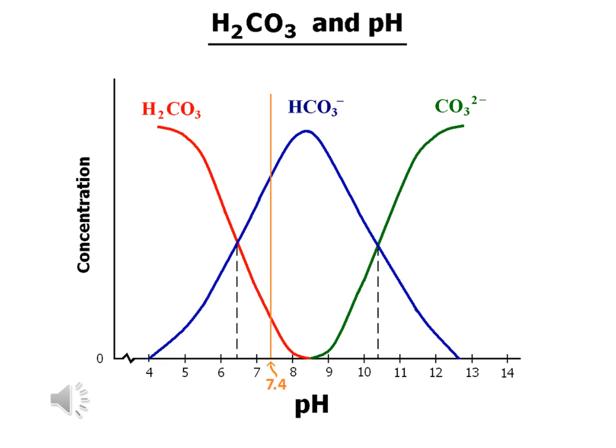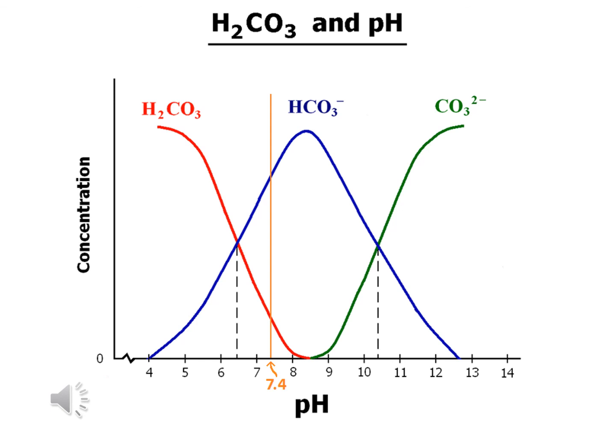Your blood pH is 7.4 or so. So if you look at what's present at pH 7.4, you'll see that a little bit of it is H2CO3, but by far the most abundant one is HCO3 or bicarbonate. So your buffer in your blood is primarily H2CO3 and HCO3 that maintains it.